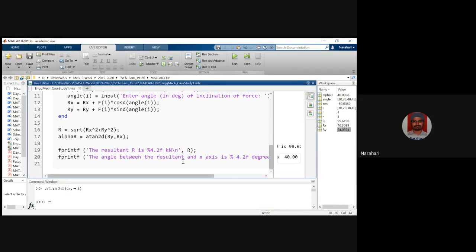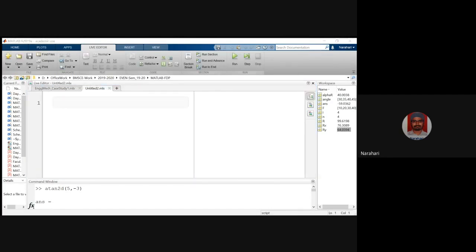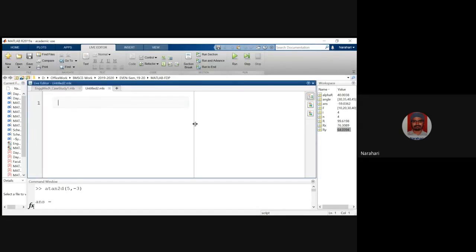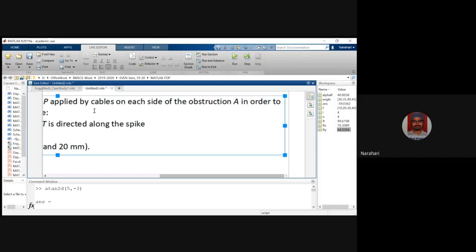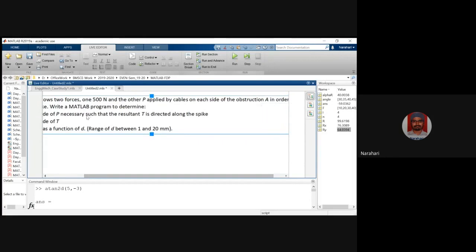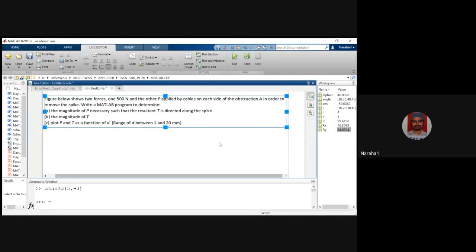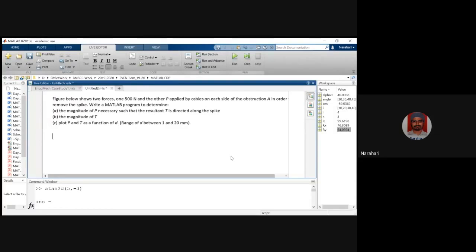Okay, so let us now go ahead with one more case study. I'll just copy paste the thing. For these case studies, I have not typed the code like for the previous one, because it's a time consuming exercise.